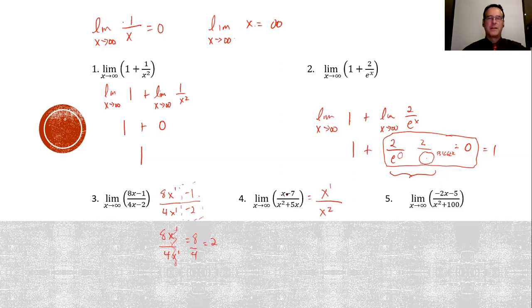The subtract 7 and the plus 5x are somewhat meaningless, because they're smaller terms with respect to their powers, and they don't have a strong influence compared to the terms with bigger powers. The biggest power for the numerator is x to the first, the biggest power in the denominator is x to the second, and so the denominator increases more quickly. Because of that, this will go to 0.